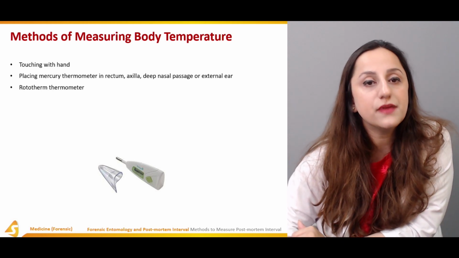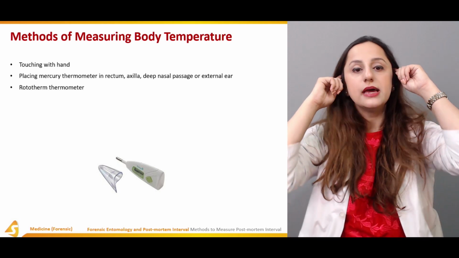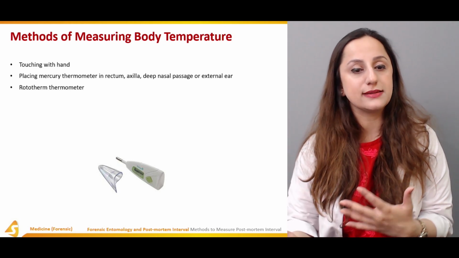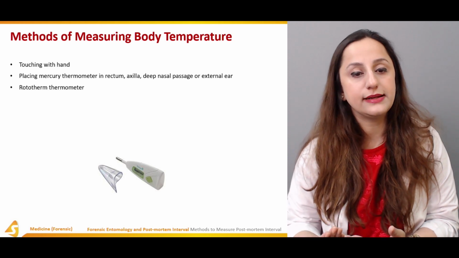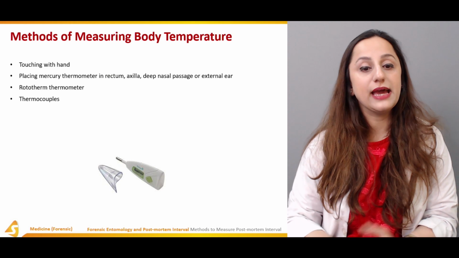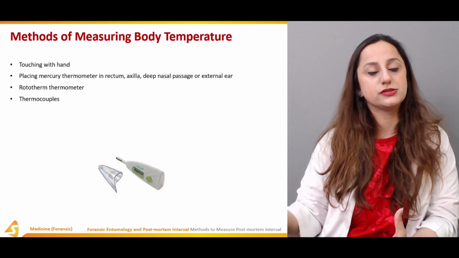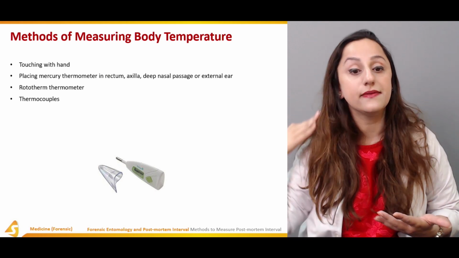Now, there is another thing known as the rototherm thermometer. As scientific advancements have taken place, we have a digital type of thermometer called the rototherm thermometer, which is quite beneficial. Then we have the thermocouples, which are coupled to electrical devices, and they can also calculate the time interval since death.